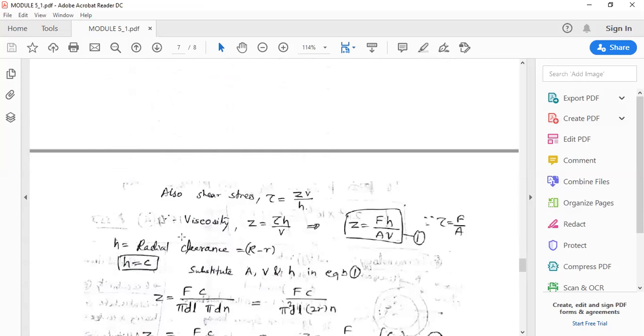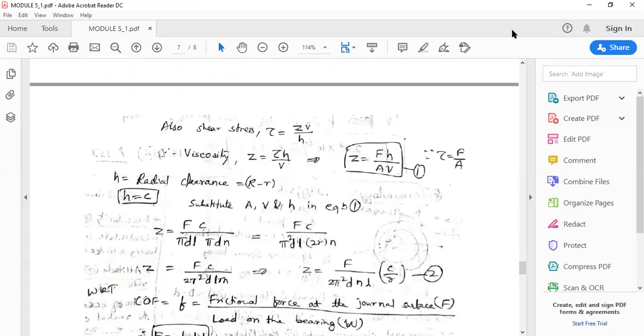Also the equation for shear stress. Shear stress is also given by an equation using the fundamental definition of absolute viscosity.